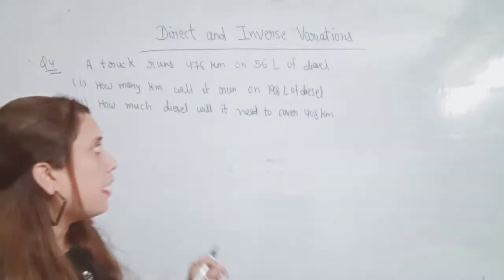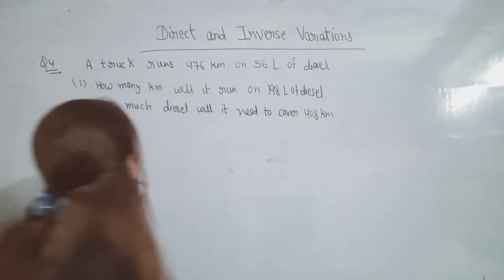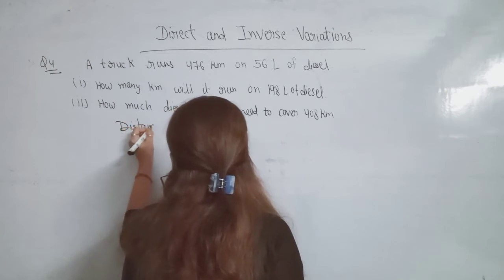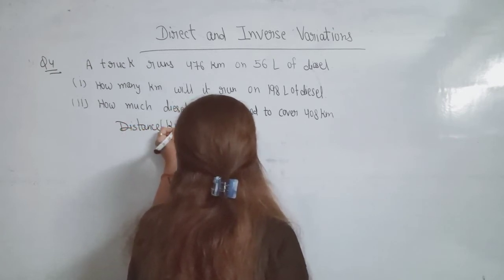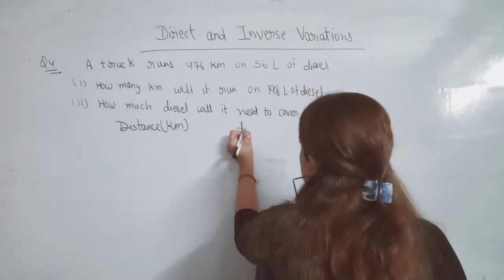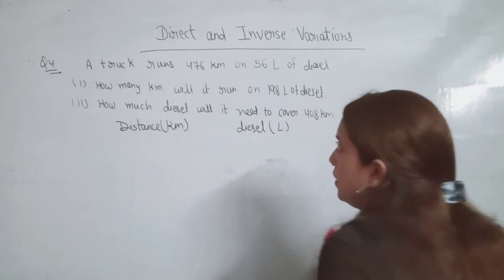So first we write down the quantities. What is given? Distance in kilometers, and the second quantity is diesel in liters.